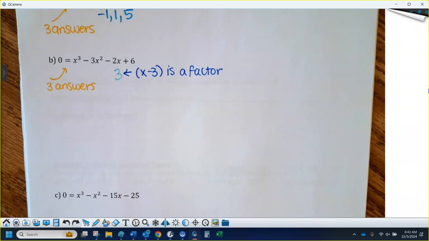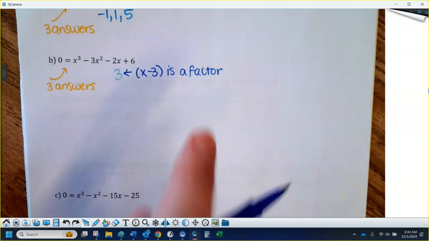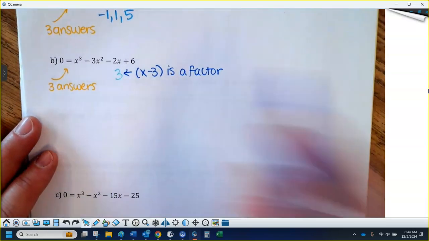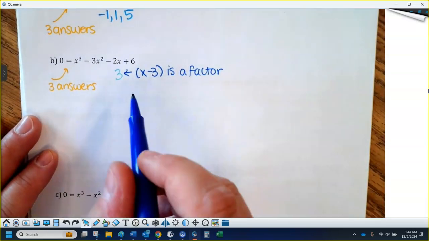Now, it's totally up to you guys, but we're going to use division to break it down. You can use long division if you like that, or you can use synthetic, either one, but we're going to break the polynomial down into factored form by getting that 0 or that solution from the graph. You just have to write the corresponding factor. Okay, I'm going to use synthetic because I think it's just a little bit faster.